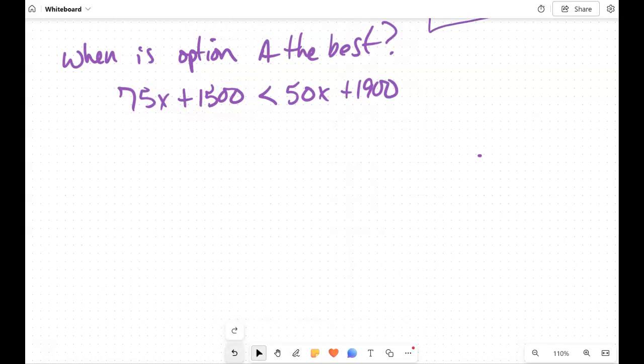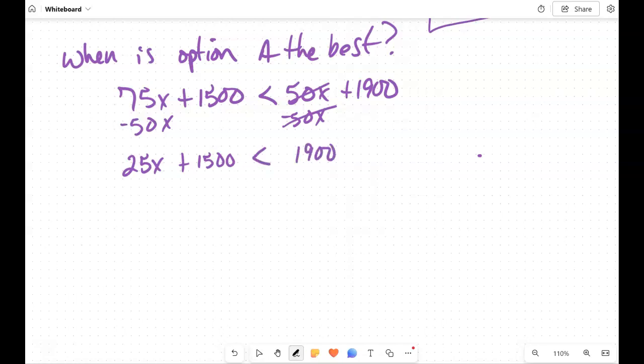So to solve this, we will simply solve for x like we would with any equation. We need to get all the x's on one side. I'm going to subtract 50x, which would make that go away here. 75x minus 50x would be 25x, bringing down the 1500, copying my inequality and bringing down the 1900.